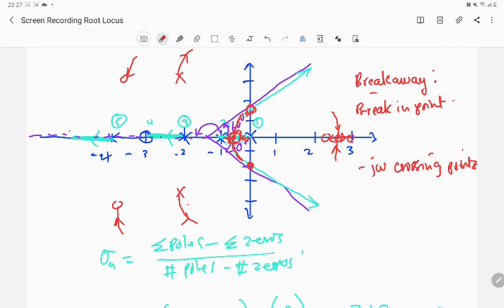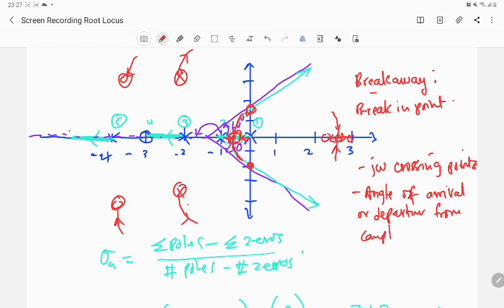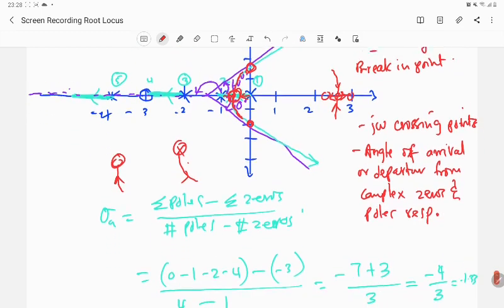And third, if there were complex poles or complex zeros, then the angle of departure or arrival from them, from the complex poles and zeros respectively, will also be unknown.